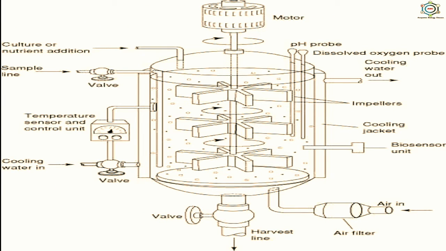Small volume cultures are usually employed in laboratories for research and production of small quantities of products. However, large scale production of the product is carried out in bioreactors, which you can see in this picture. This is a simple stirred tank bioreactor.